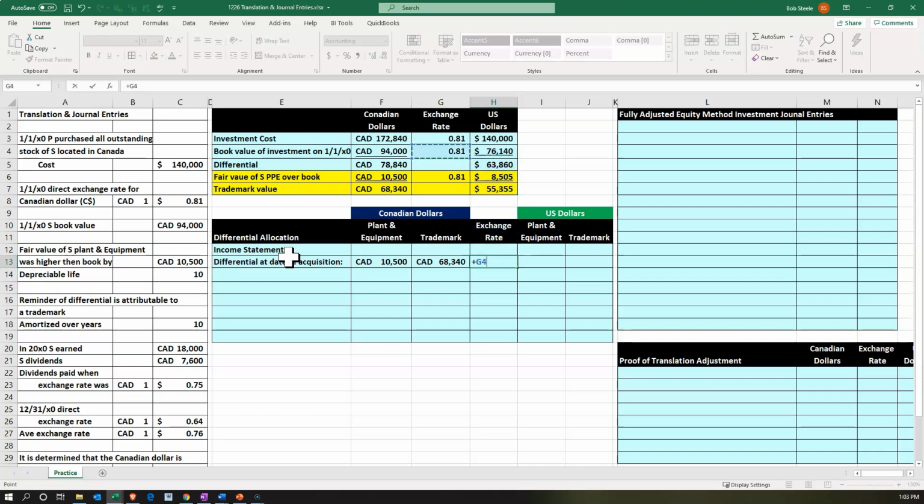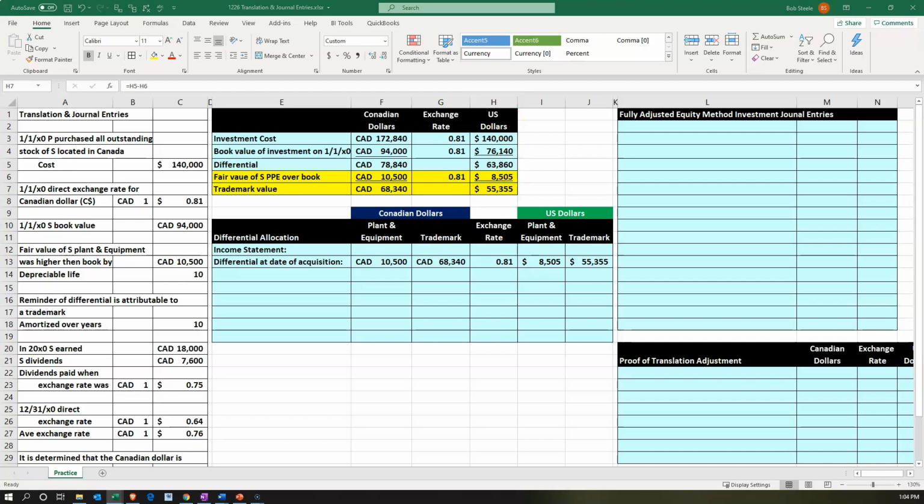I'm going to say, okay, the exchange rate is 0.81, and that'll then give us the US dollars. I'm going to take the 10,500 times the 0.81, and then the trademark is going to be the 68,340 times the 0.81. That gives us the dollars. So we got the Canadian and the dollars. Notice that ties out to the way we have it over here as well.